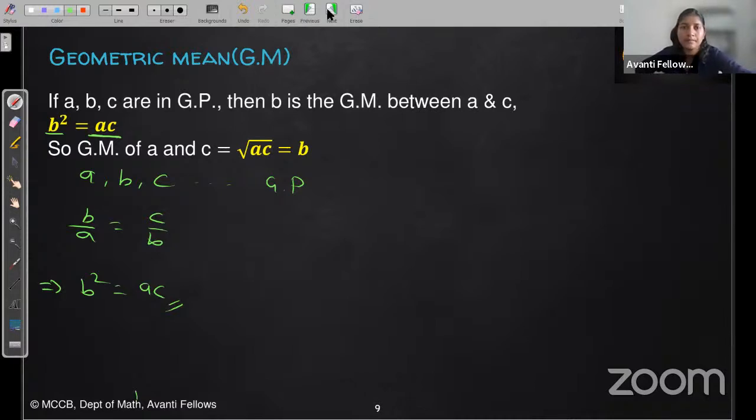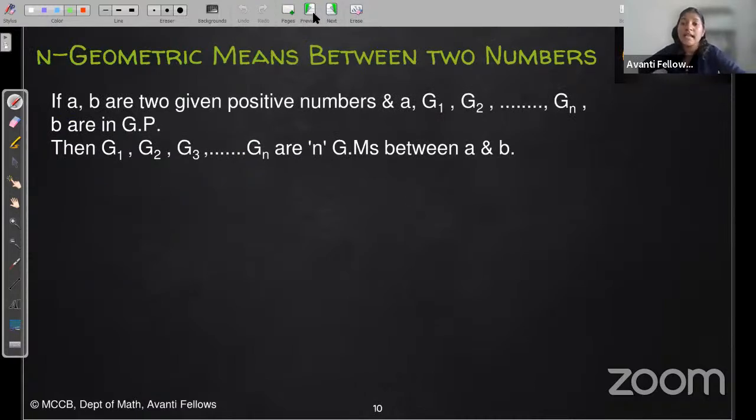So what is next? Next is n geometric means between two numbers. If A, B are two given positive numbers and A, G1, G2 up to Gn, and B are in GP, okay?